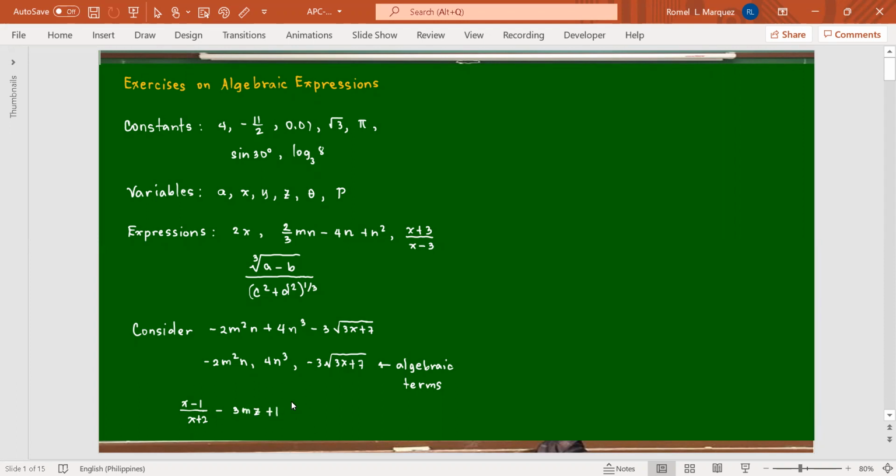This contains how many terms, guys? Contains 3, no? Contains 3 terms. What are they, guys? We have x minus 1 all over x plus 2. Another one, negative 3mz. And then 1, okay?